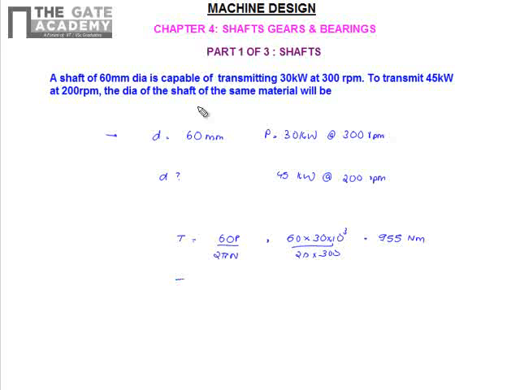Therefore, the maximum shear stress will be 16 T by pi d cube. Now this will be 16 into T, which is 955, by pi into d, which is 60 mm, 0.06 meters. So this into 16 divided by pi into 0.06 cube.